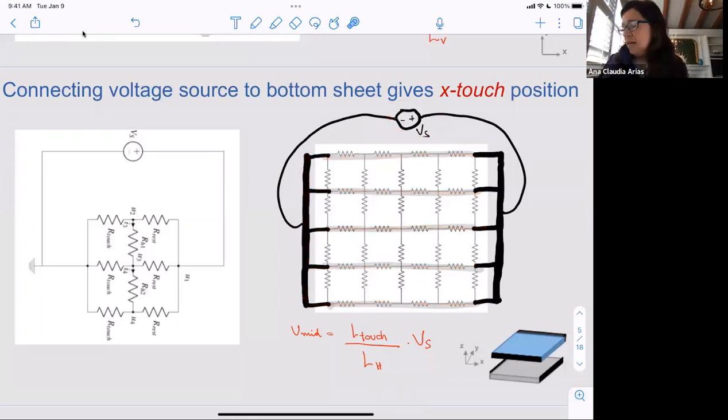Here is a different material, it could be different from what's used in the top plate, but the model that we used was the same. We said, okay, it's not a perfect material.